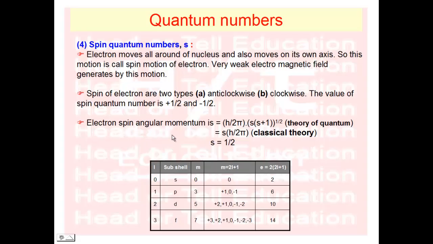The electron spin angular momentum, by using the quantum theory, is equal to h by 2 pi multiplied by the square root of s multiplied by s plus 1. This is the quantum theory as opposed to the classical theory, where s is multiplied by h by 2 pi, and s equals half.